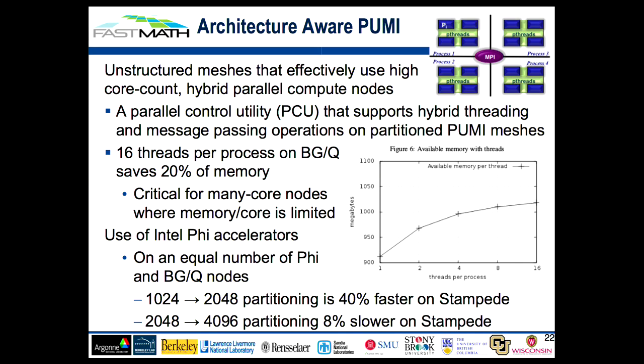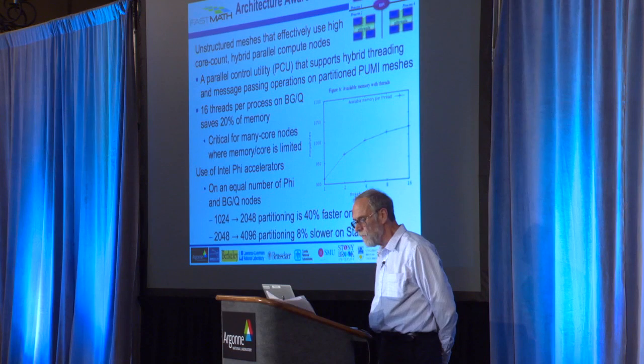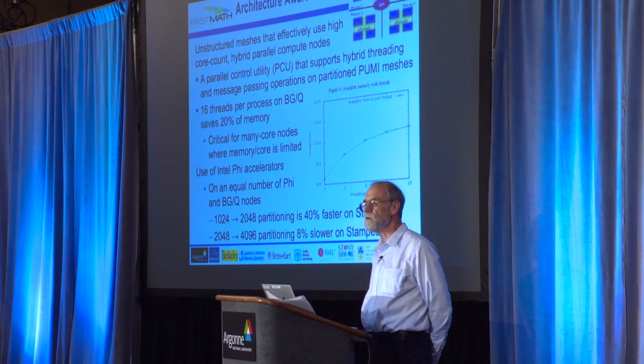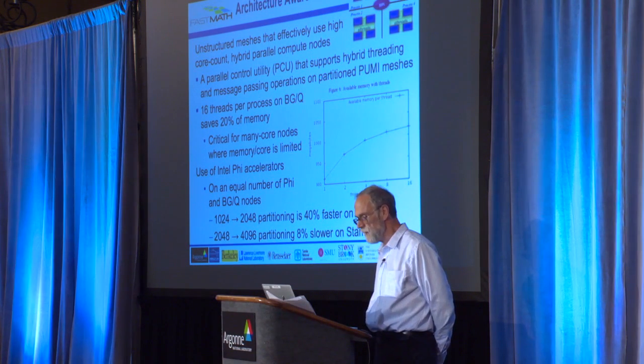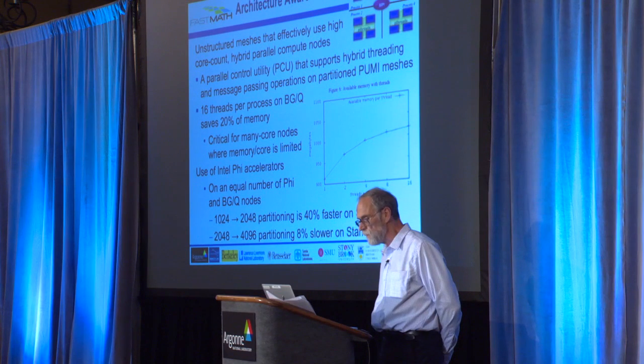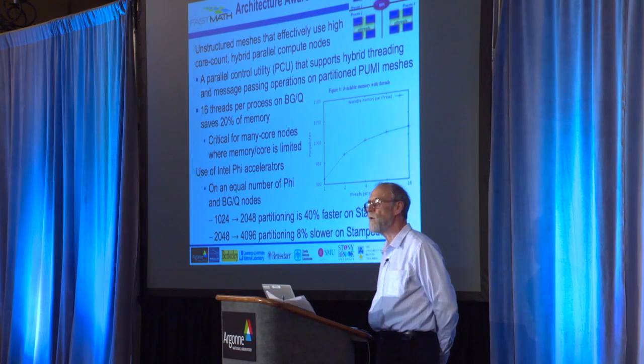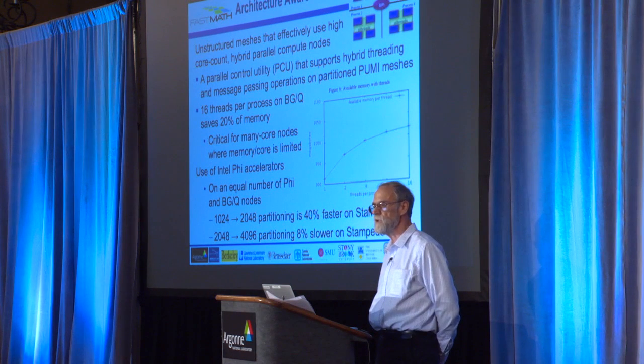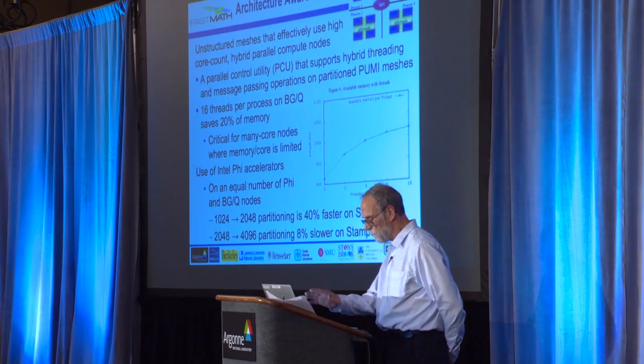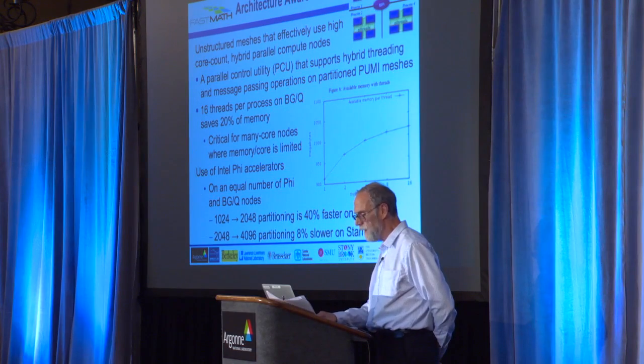Cameron may comment on some of the architecture aware work that's ongoing now, and that we've moved to some additional capabilities in the panel later this evening, because this is one of the critical areas on moving forward. How are we going to be running on the next generation machines and dealing with those? This was one step along the way, combining threading and message passing within a structure in which we have these distributed meshes. But there'll be some more discussion on that.